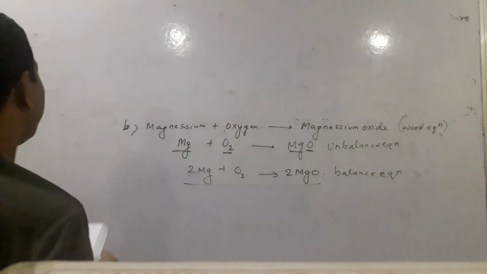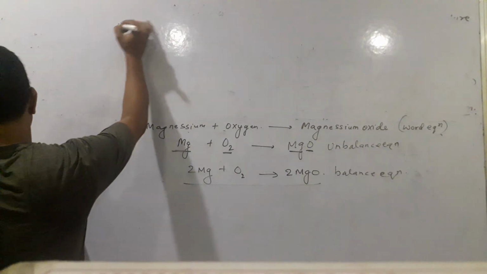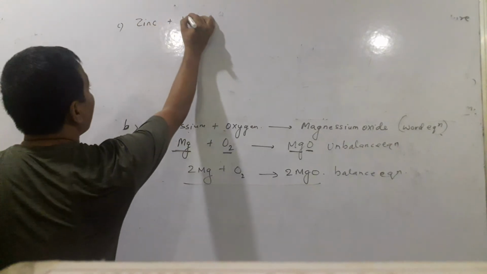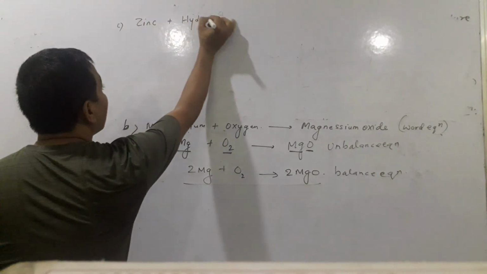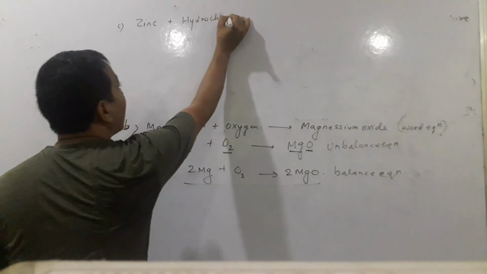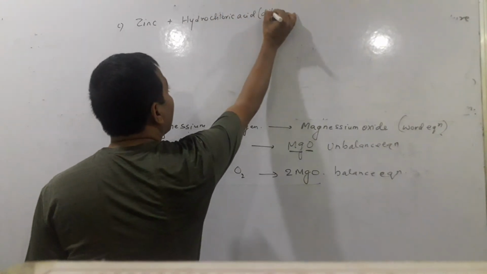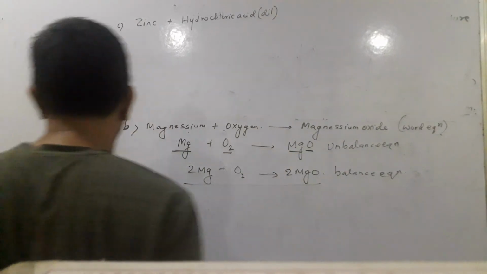Now the next one, we will do the next equation: zinc plus hydrochloric acid. It must be dilute. Okay, dilute. Then what happens?